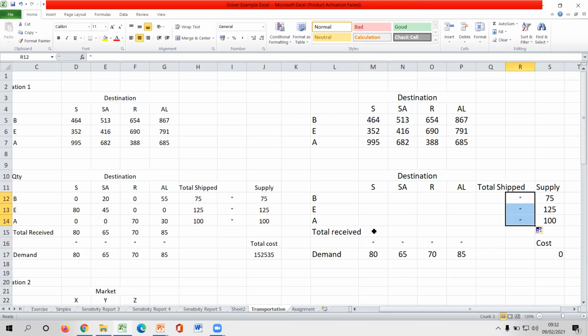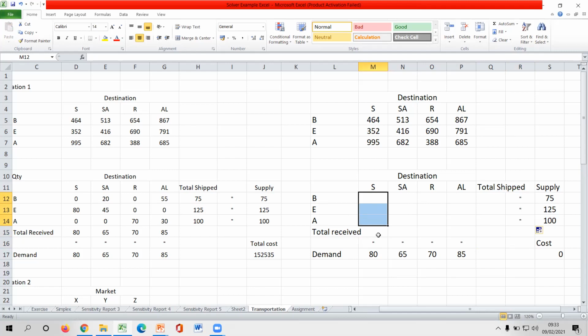Now we need to calculate these cells. It says that your destination demand fulfillment, or your requirement of the demand fulfillment, should be equal to these three cells. That means you have to fulfill this 80 demand requirement of market S by using these three factories' supply.